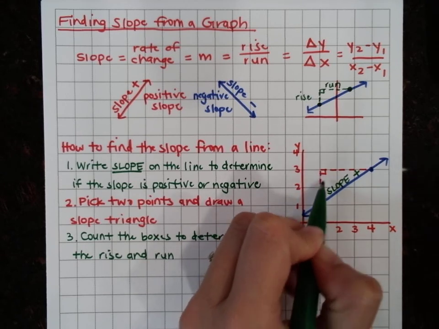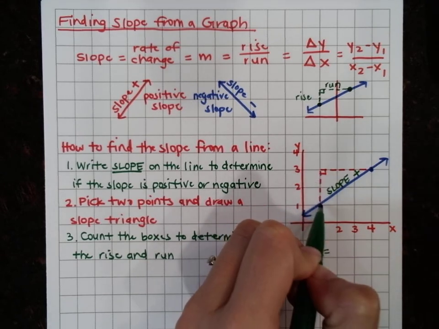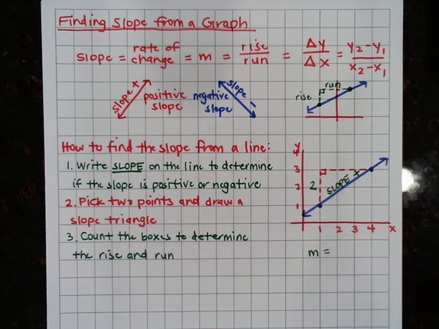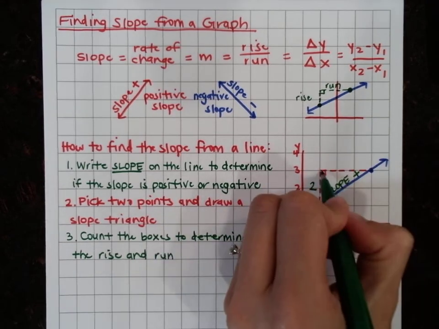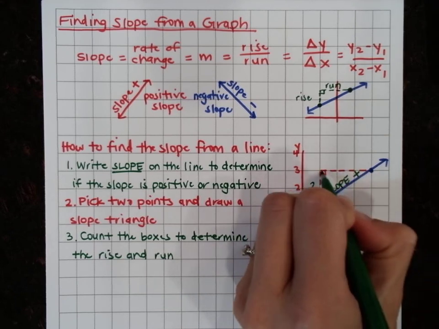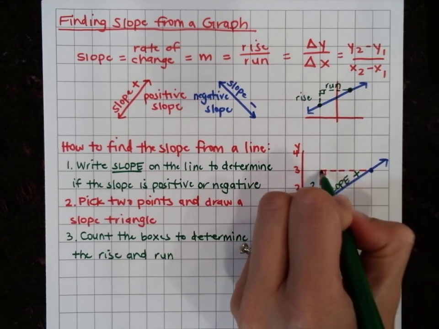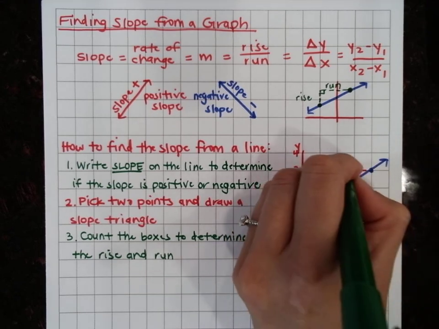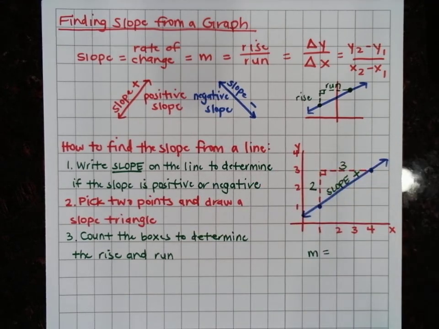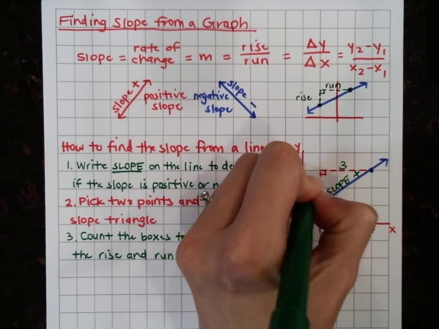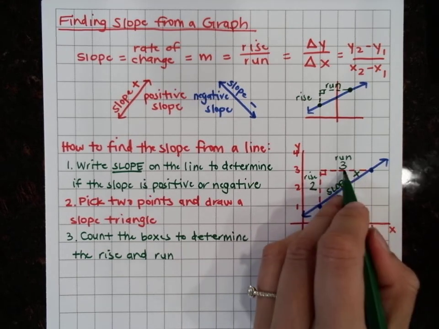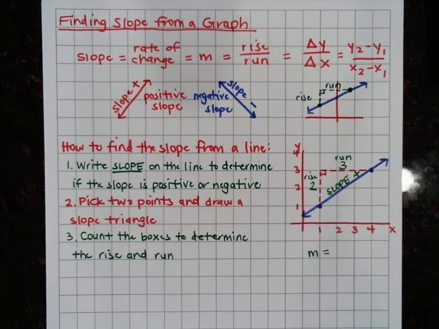And so the distance up, we go up from this box, we go up 1, 2 boxes. And then the run is how far you go left or right. So from here, we go to the right 1, 2, 3 boxes. So you're just counting the boxes. So our rise was 2 and our run was 3.